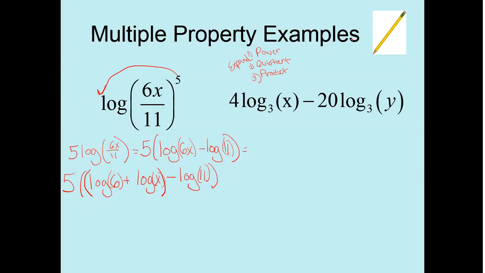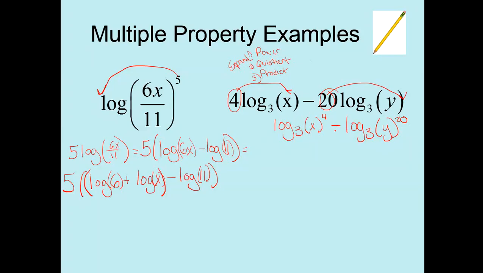Let's try the last one here. So I got 4 log base 3 of x minus 20 log base 3 of y. Now notice, guys, we're going to want to do the same kind of method as we expanded, but go backwards from that. So I'm going to first do my power rule. So I'm going to move him back, and I think I'm going to move this 20 back as well. So then I would have log base 3 of x to the 4th minus log base 3 of y to the 20th.